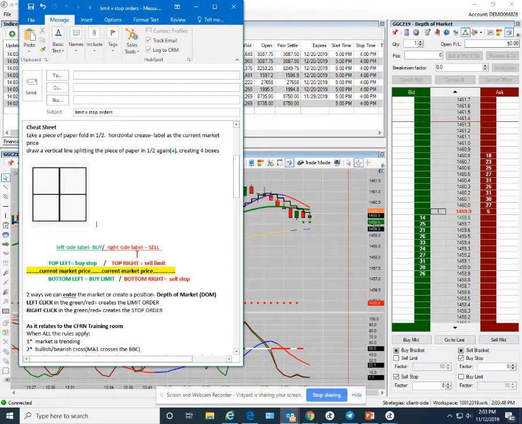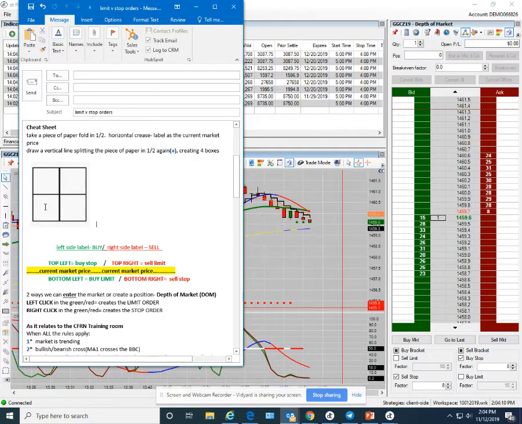If we know the current market price is this horizontal line in the middle, the top left box, label that buy stop. Why? Because we're trying to buy it above the current market price. That requires a buy stop. The bottom left, label that as a buy limit because we're trying to buy it below the current market price.